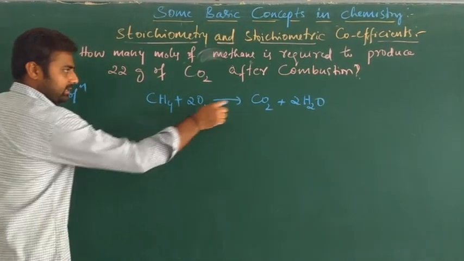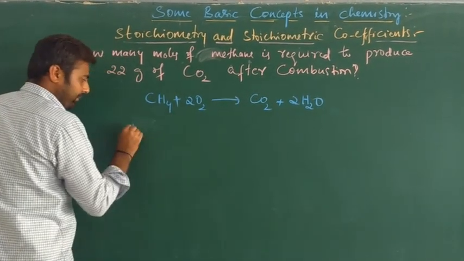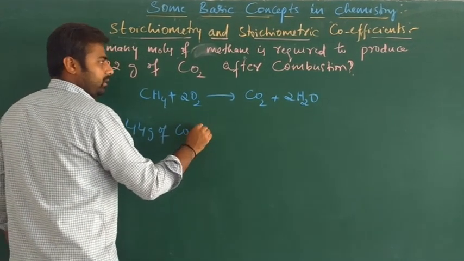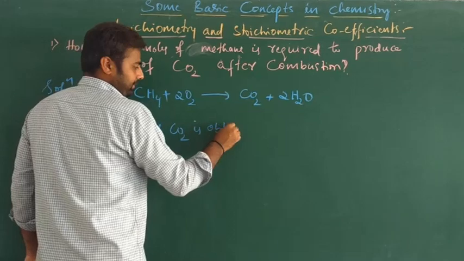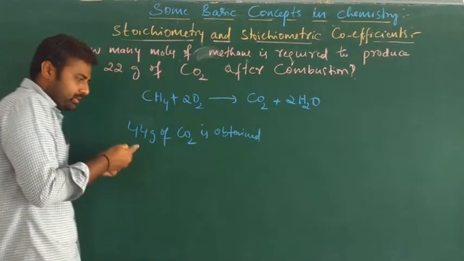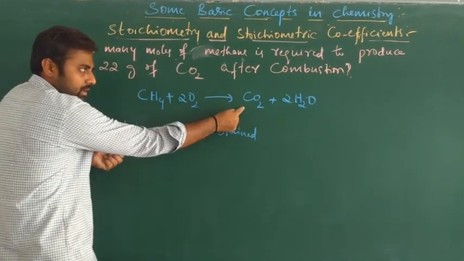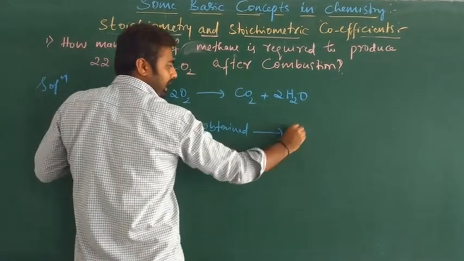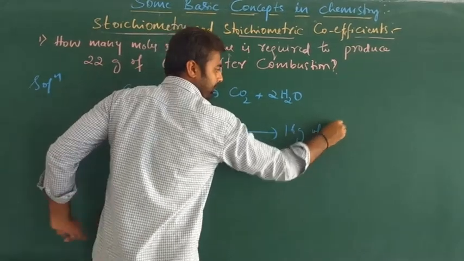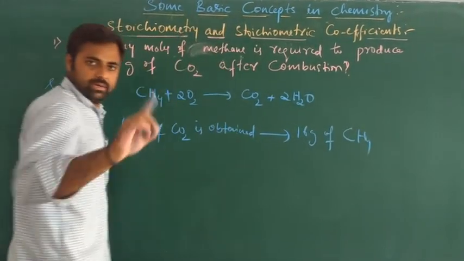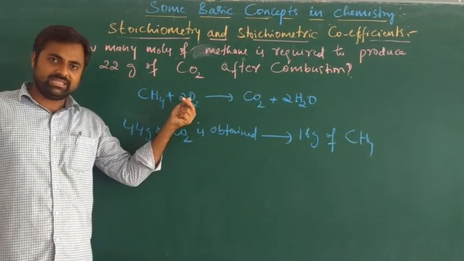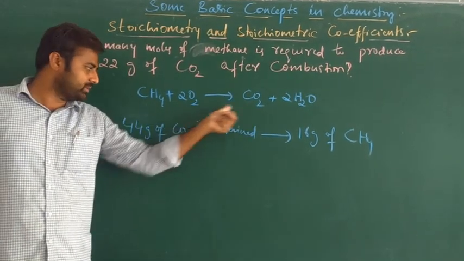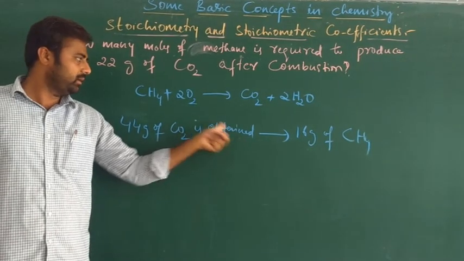Here, I can write like this: 44 grams of carbon dioxide is obtained from 16 grams of methane. Right, clear?